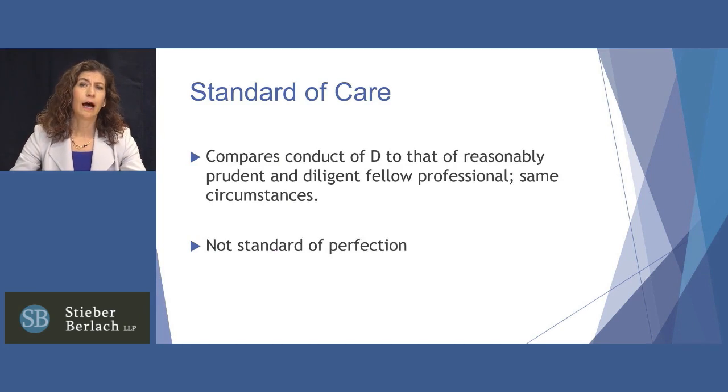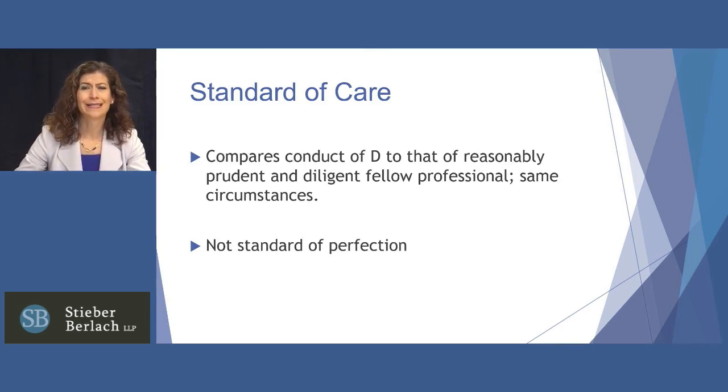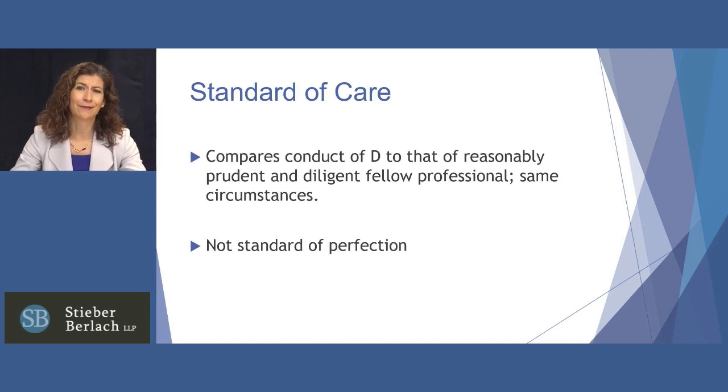For example, the standard of care of a physician practicing for Doctors Without Borders, perhaps in a war environment, in a tent, is not going to be the same standard of care that we would look to in a physician practicing in a downtown teaching hospital. The standard is not a standard of perfection. You don't have to be perfect, but you have to do what a reasonable fellow professional would do in the same circumstances.